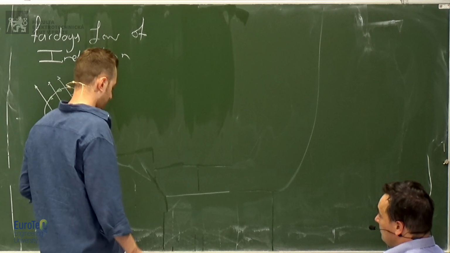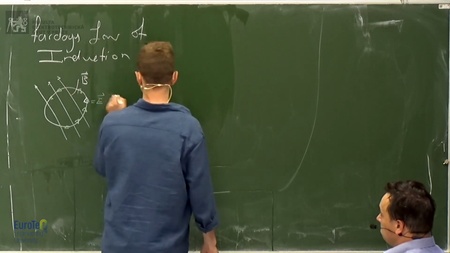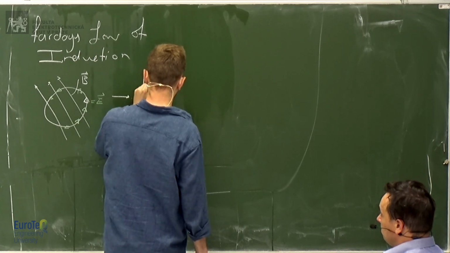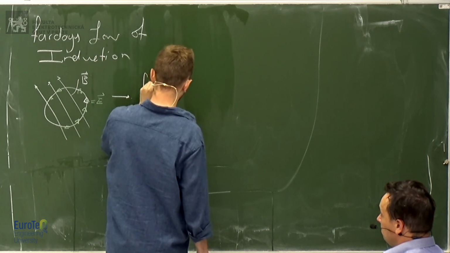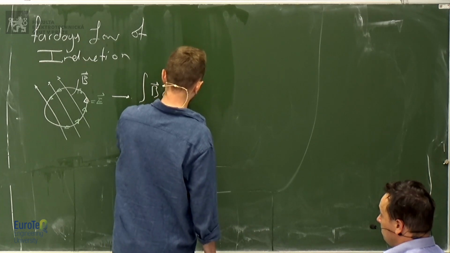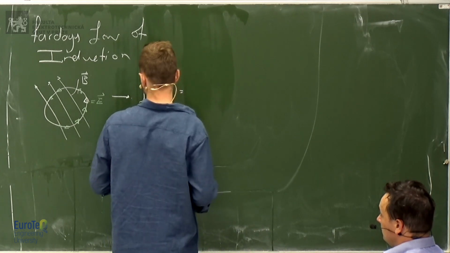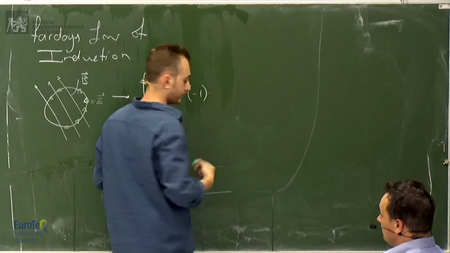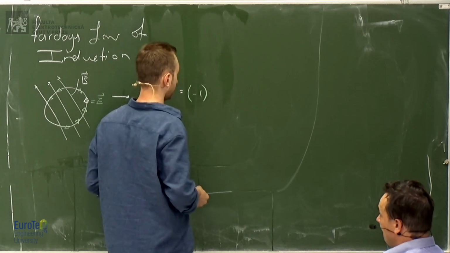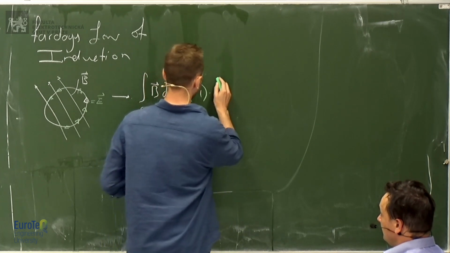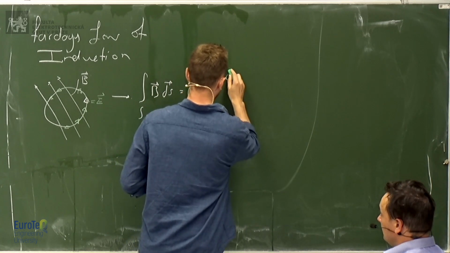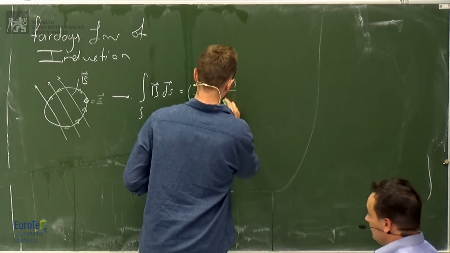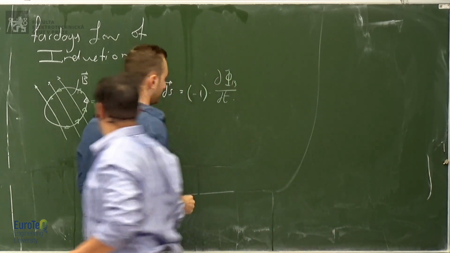Now translate this information into an equation. So that means that we have a surface area of magnetic flux density B with respect to that surface area, is equal to, -1 to conserve energy, the partial derivative of the magnetic flux with respect to time through that surface.